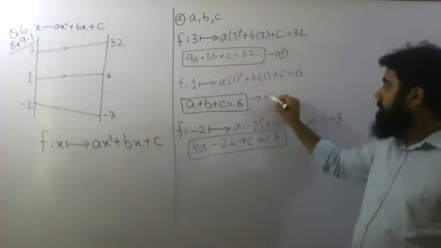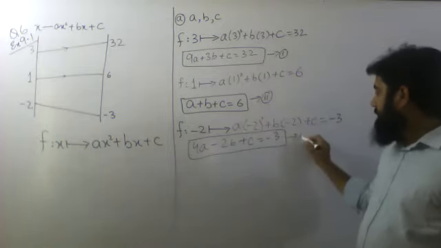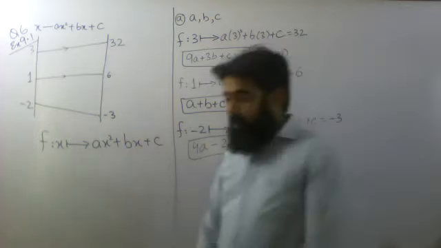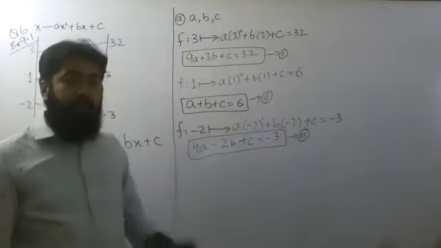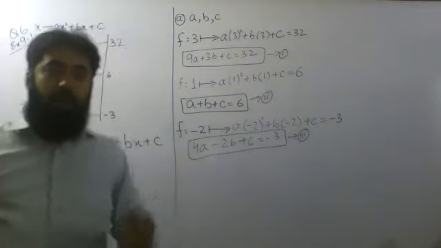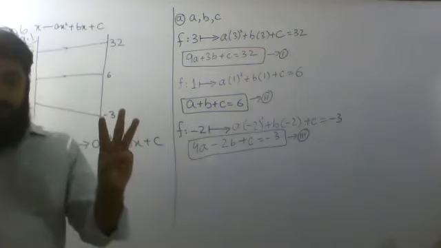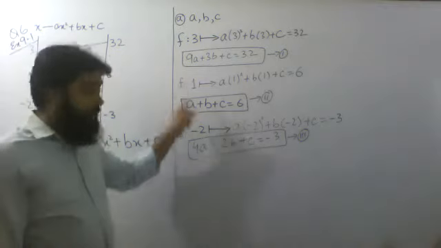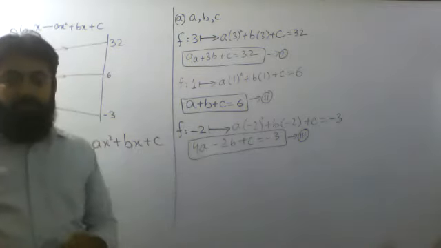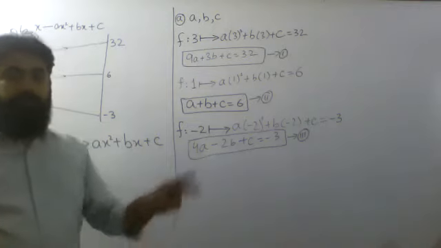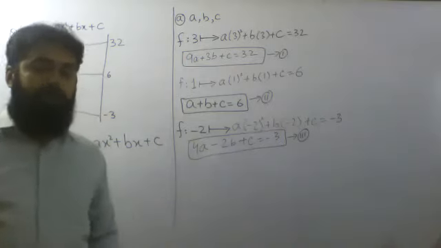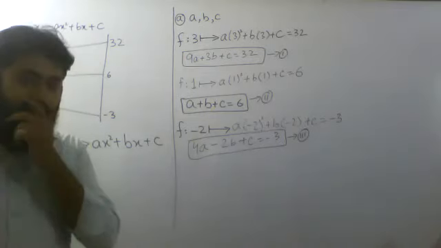Now, what do I have to do? These are three simultaneous equations of three unknown variables. I have to make them two simultaneous equations of two unknown variables. So how will I do it?